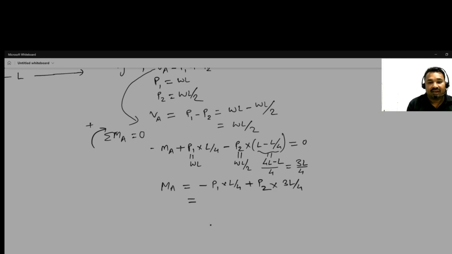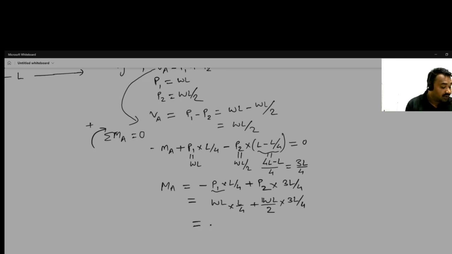Putting the values, P1 is equal to WL, there was a mistake earlier, and P2 is equal to WL by 2, multiplied by 3L by 4.